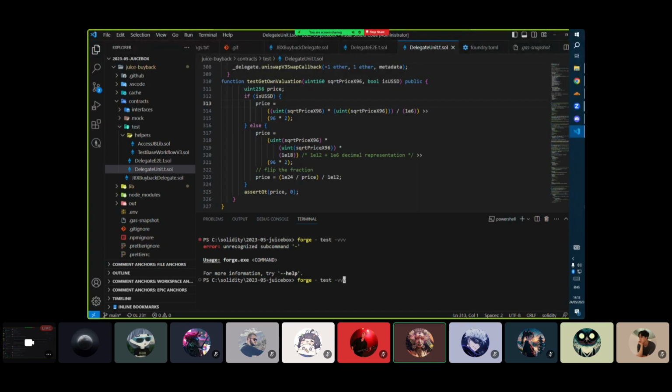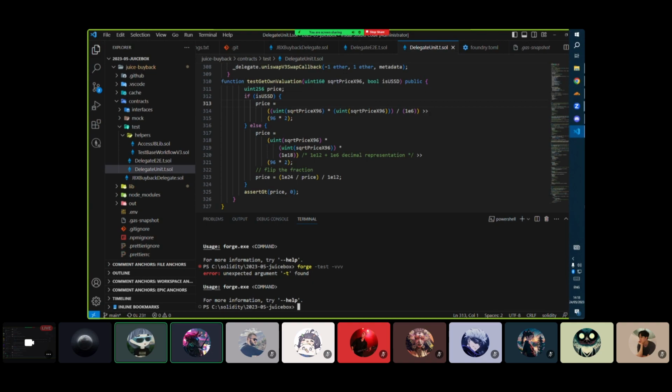I see there's a dash. Still before the test, there is a dash. Say again? Before the word test, there is a dash. Yeah, but I think 2 dashes, right? No, it should be forge space test, without the dash, without the hyphen.